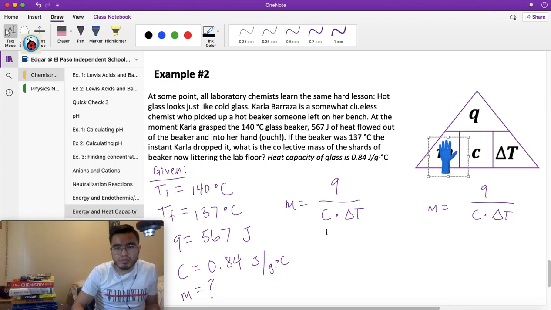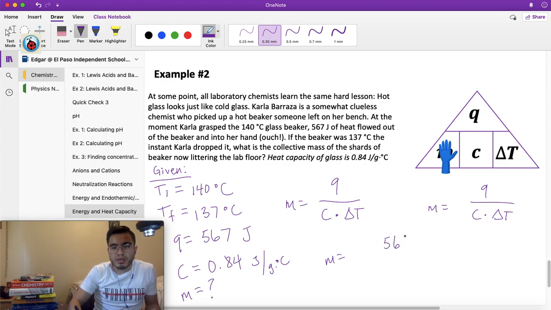Now we can substitute. So mass is equal to Q, that is heat, 567 joules. Joules divided by specific heat capacity for glass, which is over here. So that is 0.84 joules per gram times degrees Celsius times change in temperature.